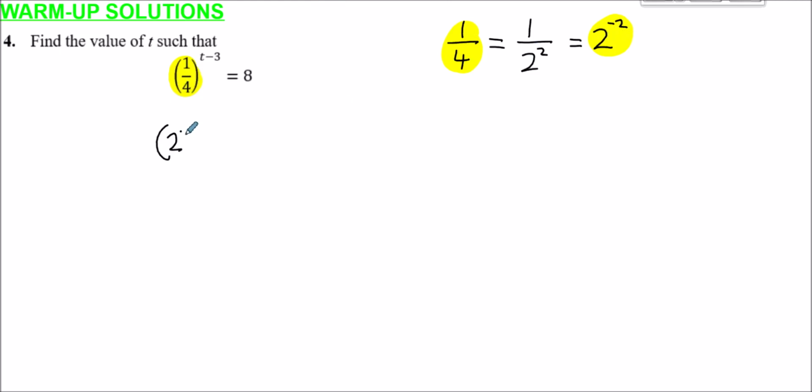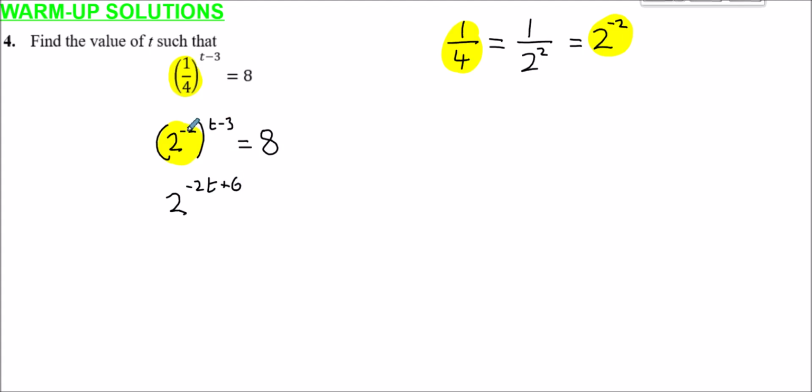So then we get that 2 to the power minus 2 all to the power of t minus 3 must equal 8. So using the power of a power rule, we can multiply this minus 2 by the whole of t minus 3. What we get when we do that is 2 to the power of minus 2t, and minus 2 multiplied by minus 3 is plus 6.